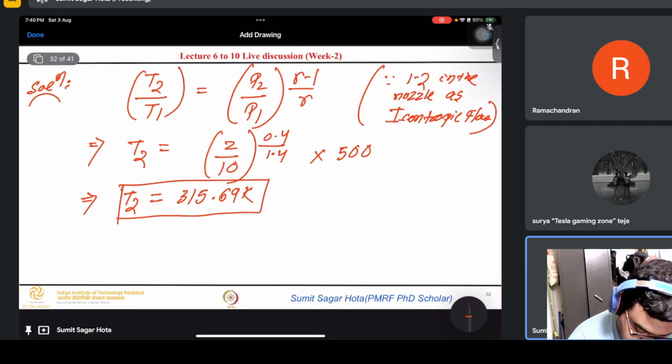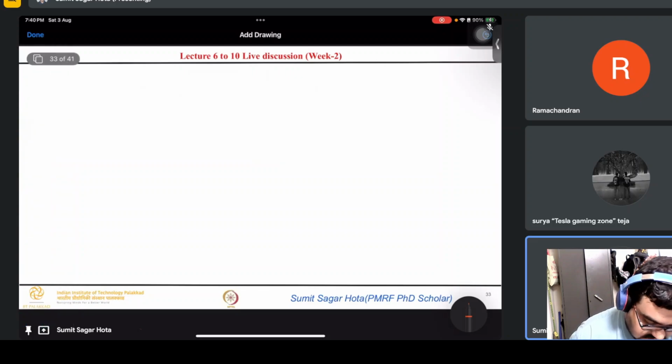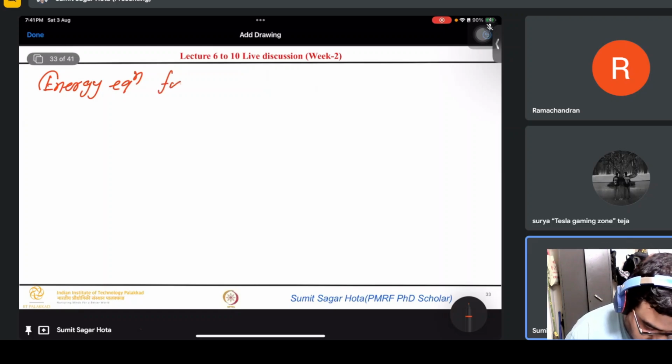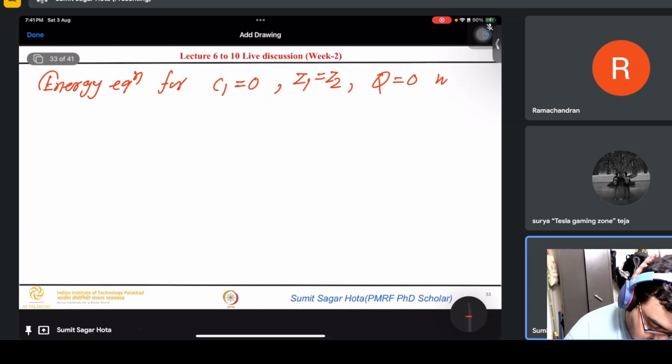I will directly write down the energy equation because we already solved all this in the previous question. The energy equation with C1 equal to 0, Z1 equal to Z2, Q equal to 0 and W equal to 0. Q is 0 for the adiabatic condition.